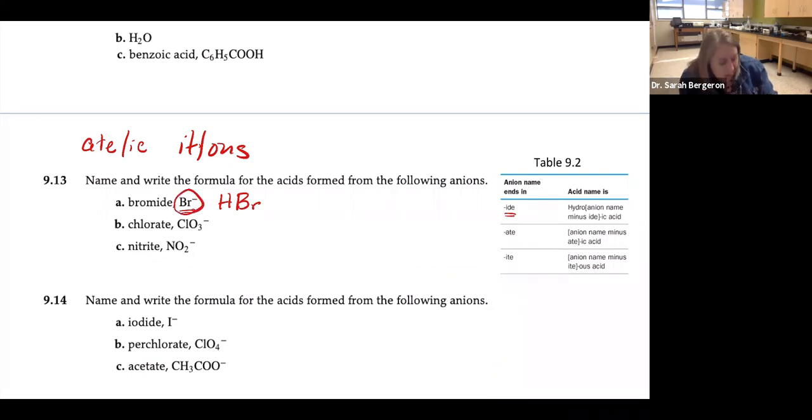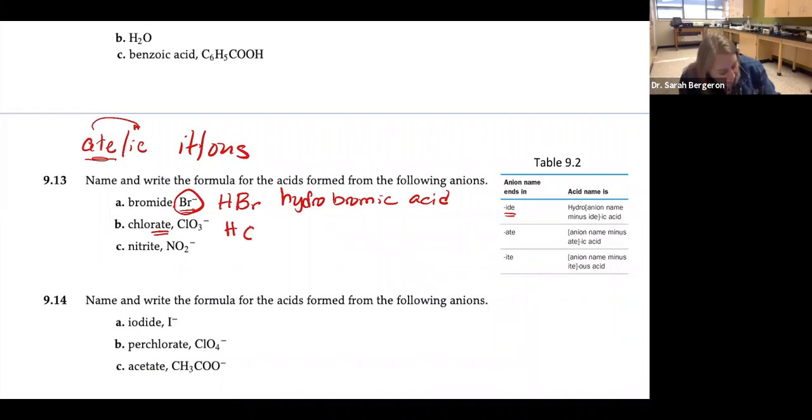So if it ends in IDE, right, bromide, then I'm going to name it hydrobromic acid. Okay. Chlorate, ATE goes to IC. So it's a charge of 1, so you only need 1 hydrogen. If that were a charge of 2, you would need 2 hydrogens, and so it would end up being like H2, but we don't need that.